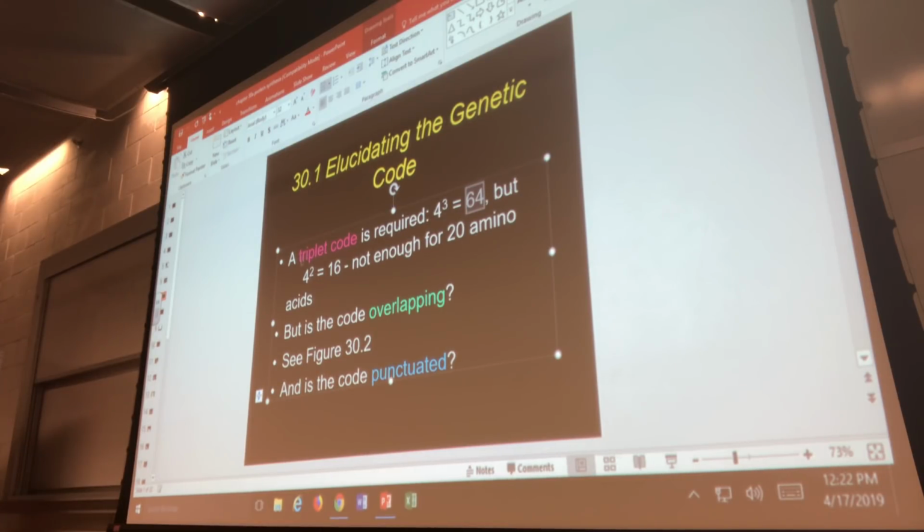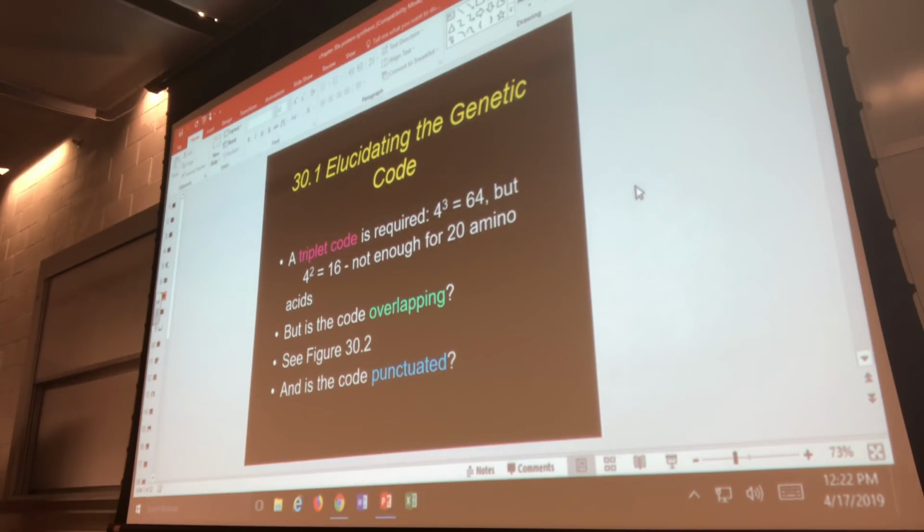So the reason why we have a triplet code is because you take 3 bases, you mix them around in every possible combination you could possibly do, and you get 64 combinations, which is plenty. We only needed 20. So when we create 64 combinations, that is, evolutionarily speaking, the length of the code is a triplet code. 3 bases at a time will each code for 1 amino acid in a protein. All right?